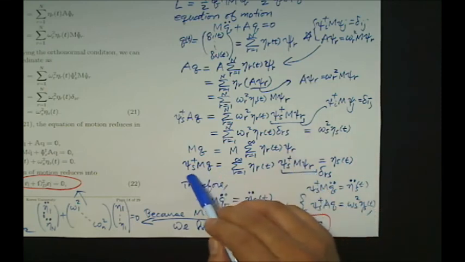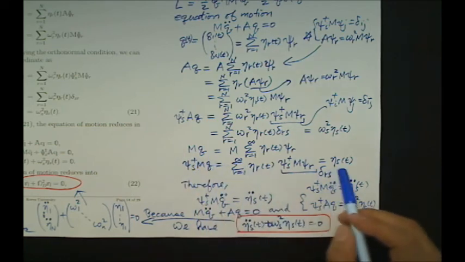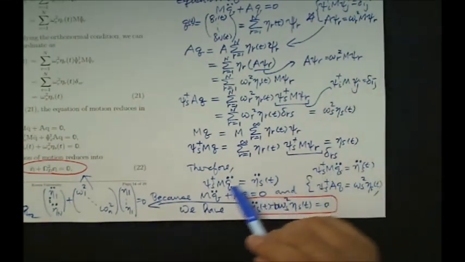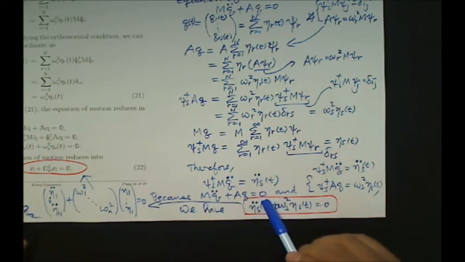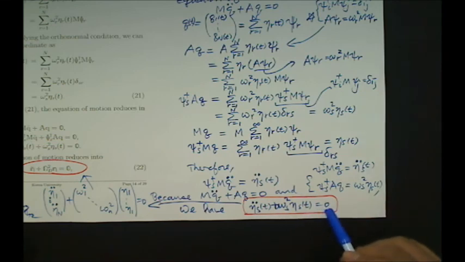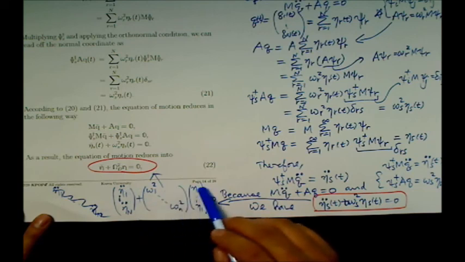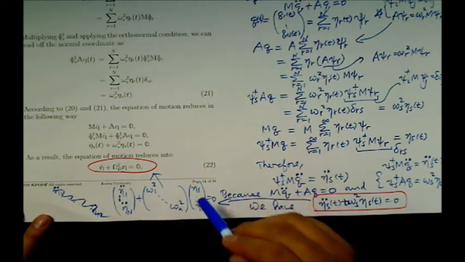So if I multiply the Hermitian conjugate of the eigenvector to MQ, the final result is the normal coordinate itself. As a result, the equation of motion is simplified to n independent harmonic oscillators for the normal coordinates. As shown here, all of the n harmonic oscillators are completely decoupled.